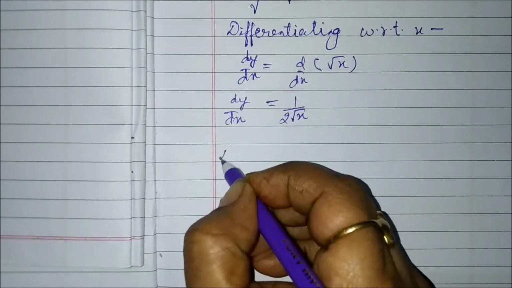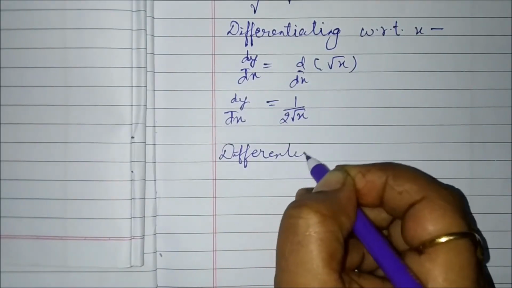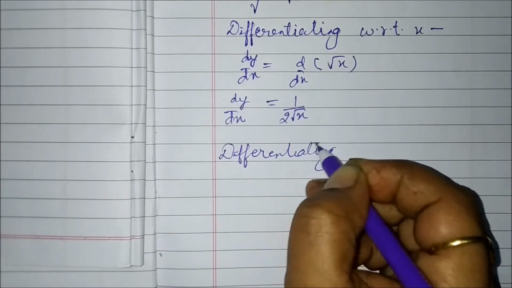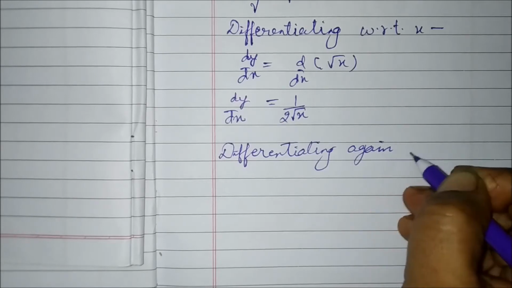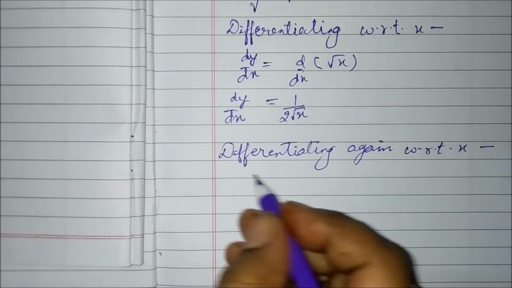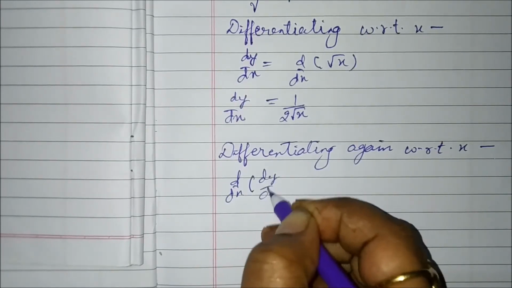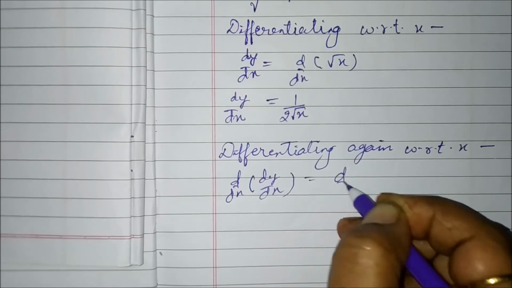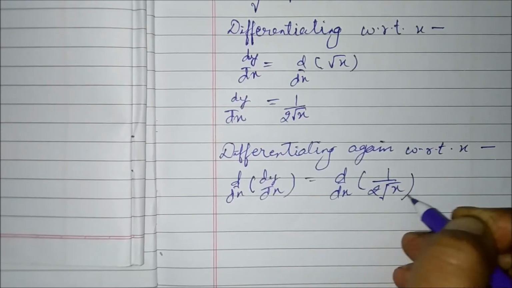Now differentiating it again with respect to x, we get d by dx of dy by dx equals d by dx of 1 upon 2 root x.